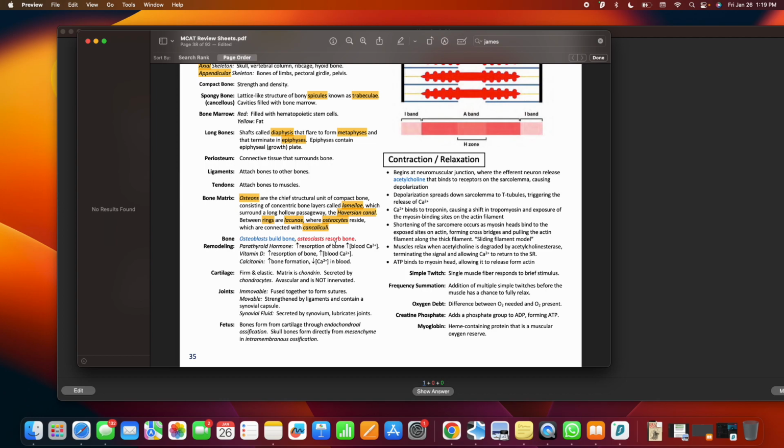So bone resorption. Osteoclasts are in action for PTH, and this increases blood Ca2+. Vitamin D is also like that. It reabsorbs bone, so it kind of empties the bone.